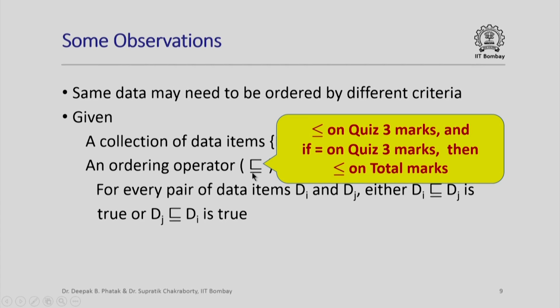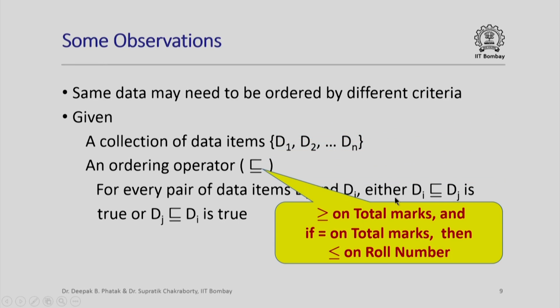So that defines a particular order, and for every pair of data items, we can order the 2 students in this manner. Similarly, another ordering that we have looked at in the previous example was when we said we wanted decreasing order on total marks. So here the ordering was greater than or equal to on total marks, and if 2 total marks happen to be the same, then we wanted increasing order on roll number.